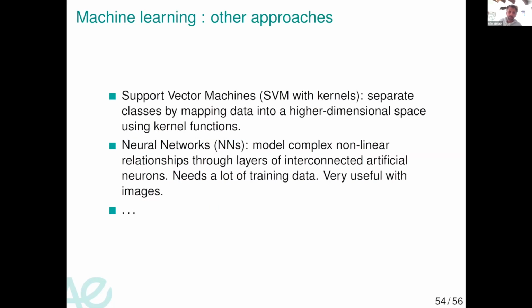As I said, there are other approaches in machine learning that could help you deal with nonlinearity if you have nonlinearity in your data set. For example, support vector machine. It is based on kernels, and the main idea is to separate classes by mapping data into a higher dimensional space.